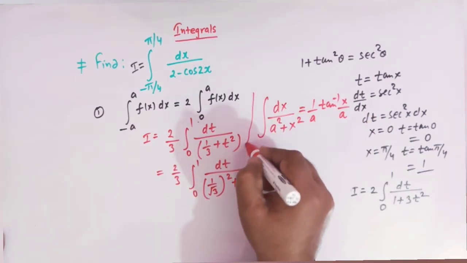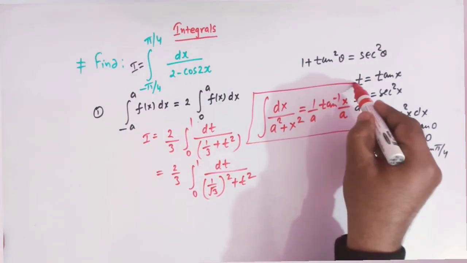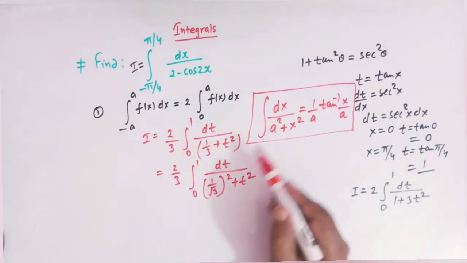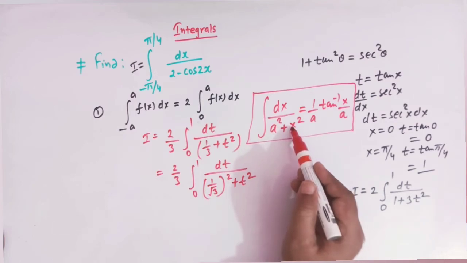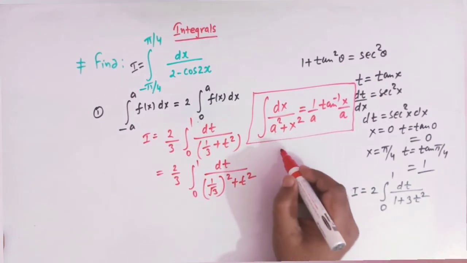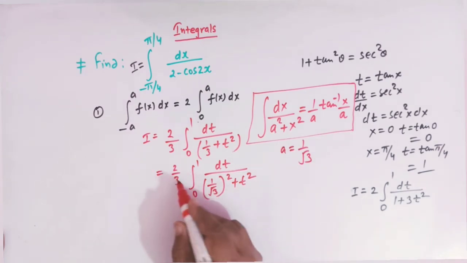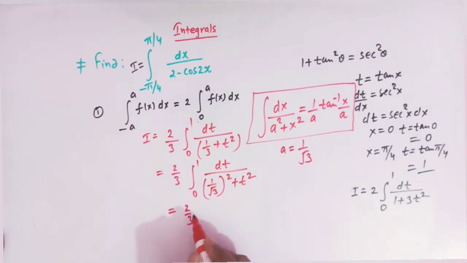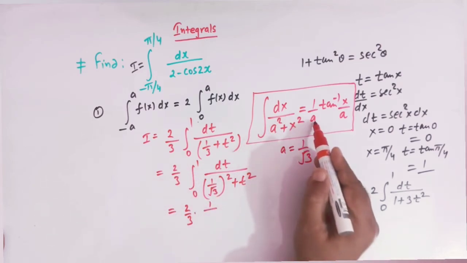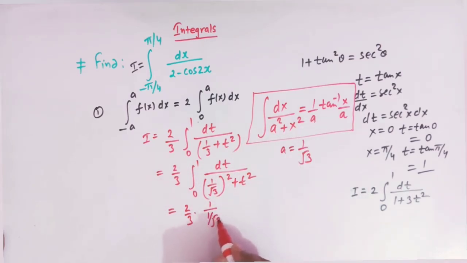So this is a standard result in indefinite integrals. So this integral is similar to this one. For a, we have 1 over square root of 3, right? So now we have 2 over 3, and this integral can be written as 1 over a, a is 1 over root 3, then we have tan inverse t over 1 over root 3, right?